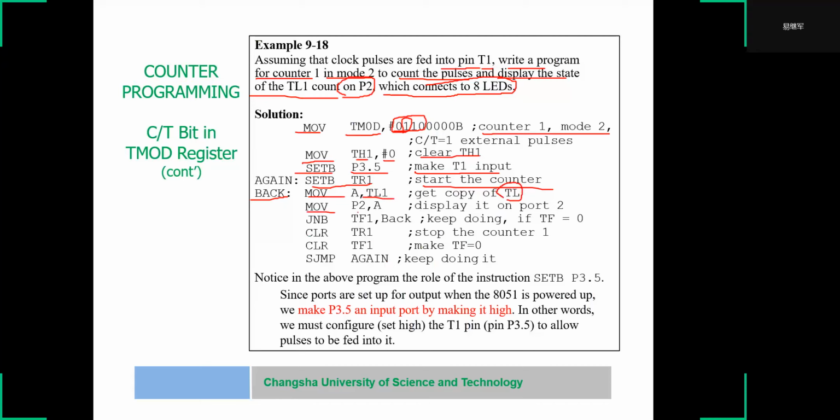Move P2, A, display it on port 2, which means when the counter is running, show the result on P2. P2 is connected to 8 LEDs.